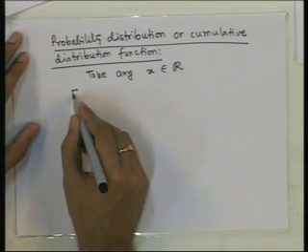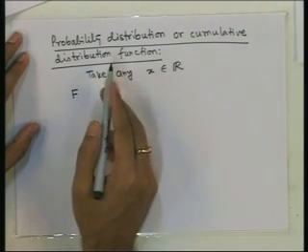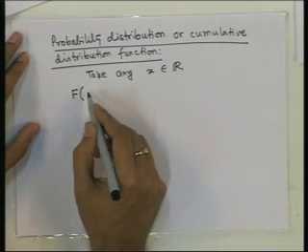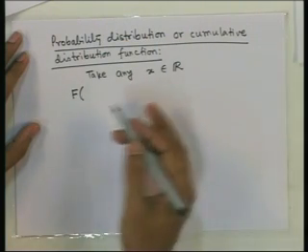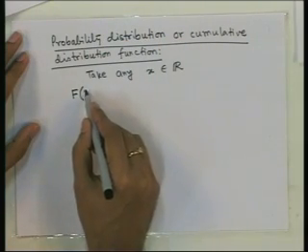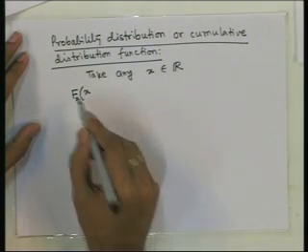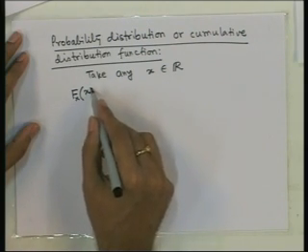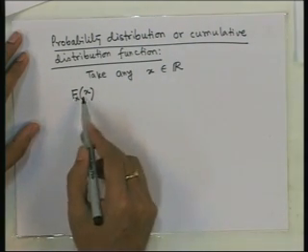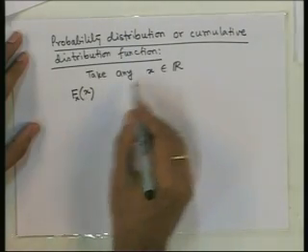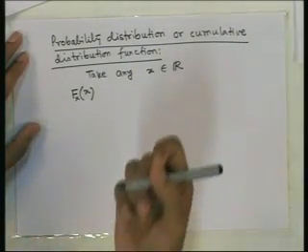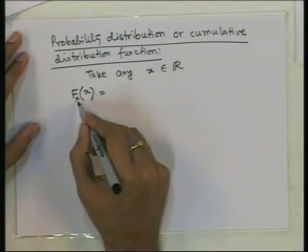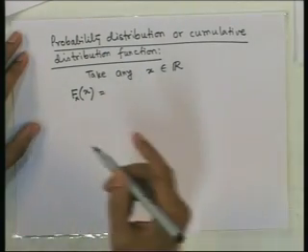Then the probability distribution function of the random variable capital X. So, we have a random variable capital X. For that random variable, this function f x is defined in the following way. What is f x at x? Small x denotes a value, a real number, whereas capital X is the random variable, the mapping.